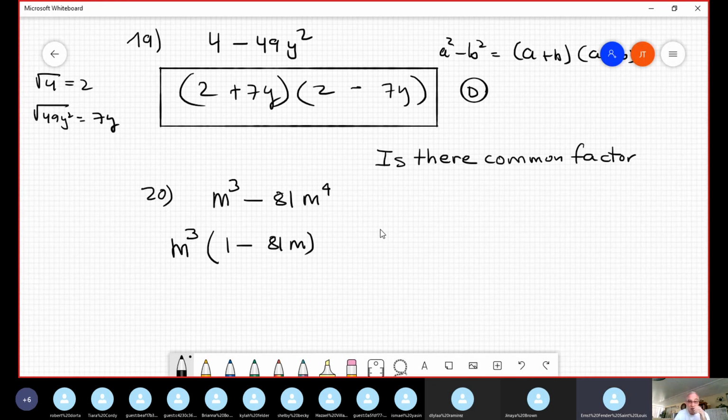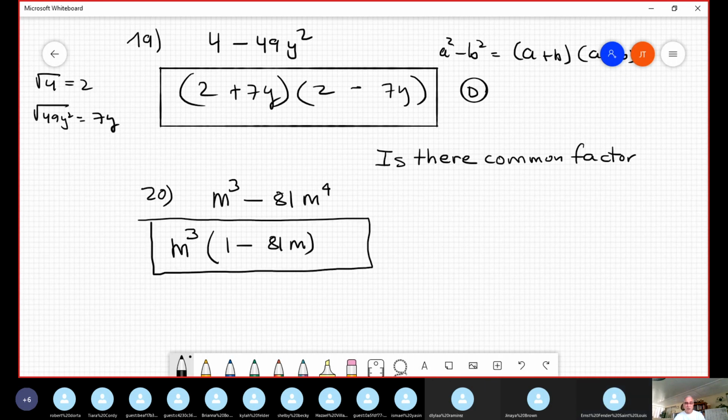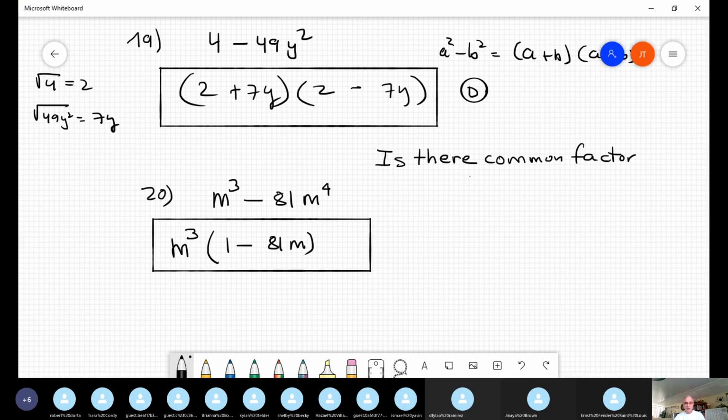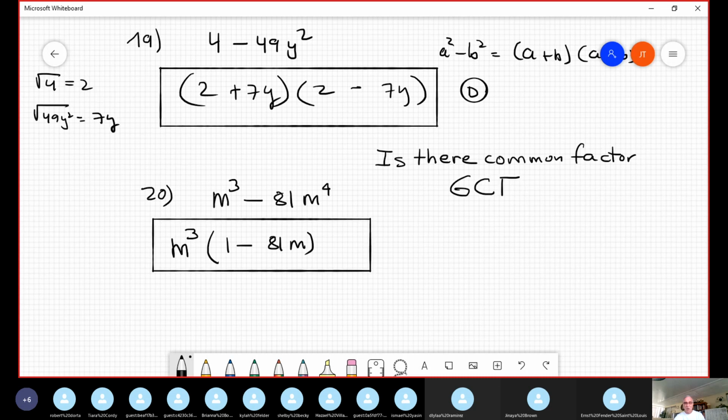Yes, sir. Can I do more or do I finish? You finish now. I don't think you can do more. So in this problem, the only thing you should do is find the GCF and that's it. GCF was m cubed. Unfortunately, this expression is a binomial, but not a square or a cubic, so I leave it like that. Final answer is option C.